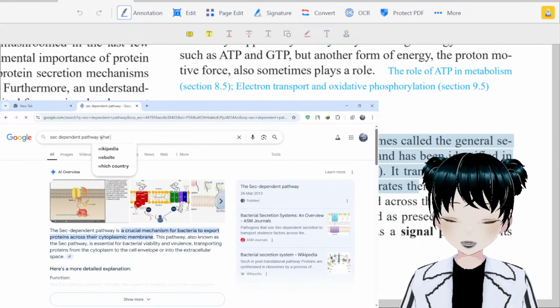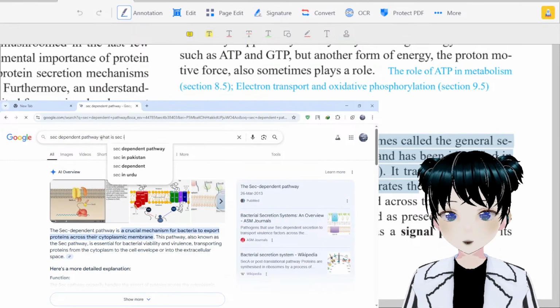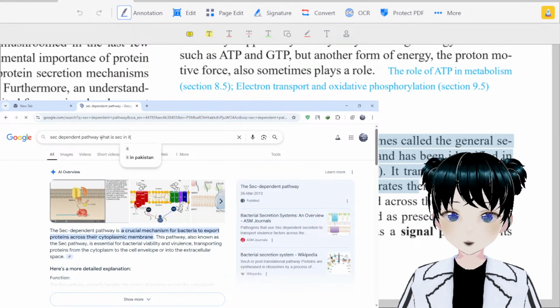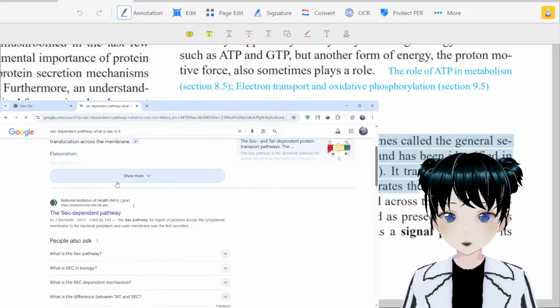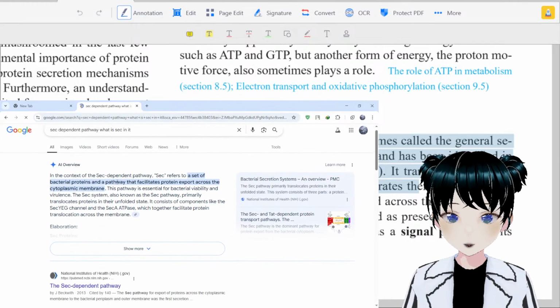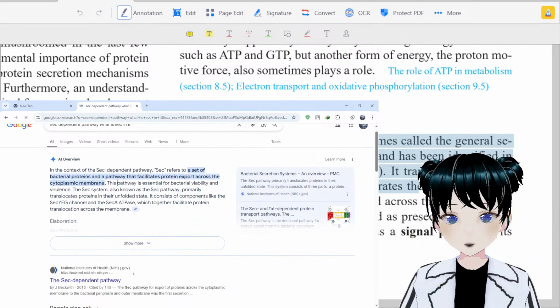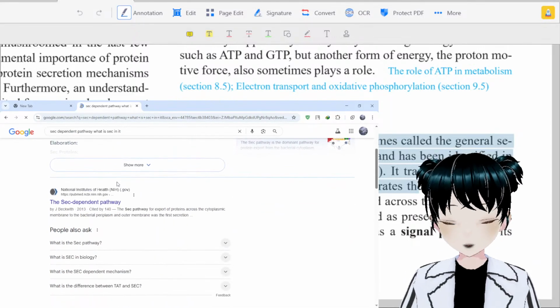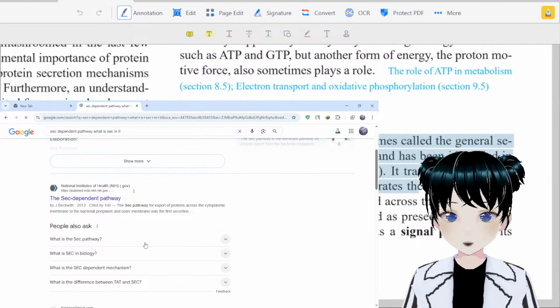What is sec in it? Gosh, I just want to know what the sec represents in the sec pathway.